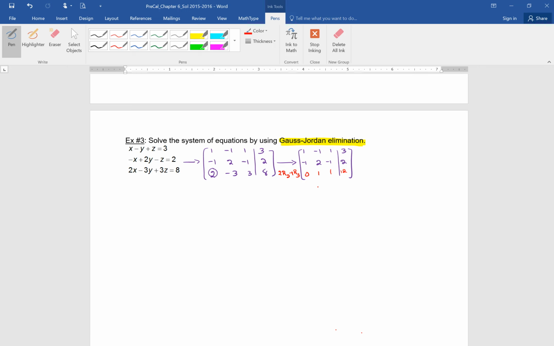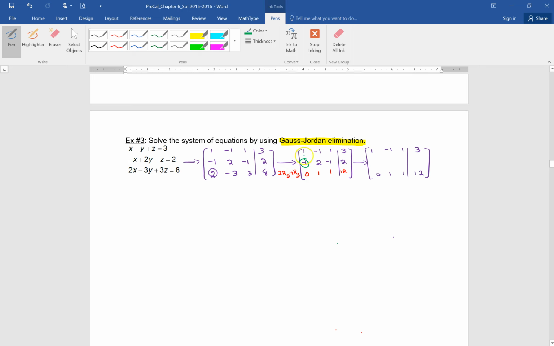All right, which one am I going to change next? The negative one. Yeah, that's a 12. So that means I copy over row 1 and row 3. Okay, so what am I going to get here? I'm going to change this one. Well, how can I change that one?